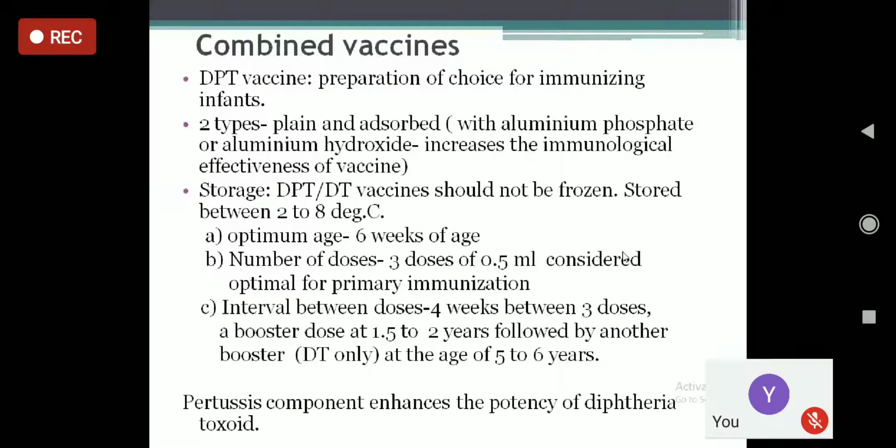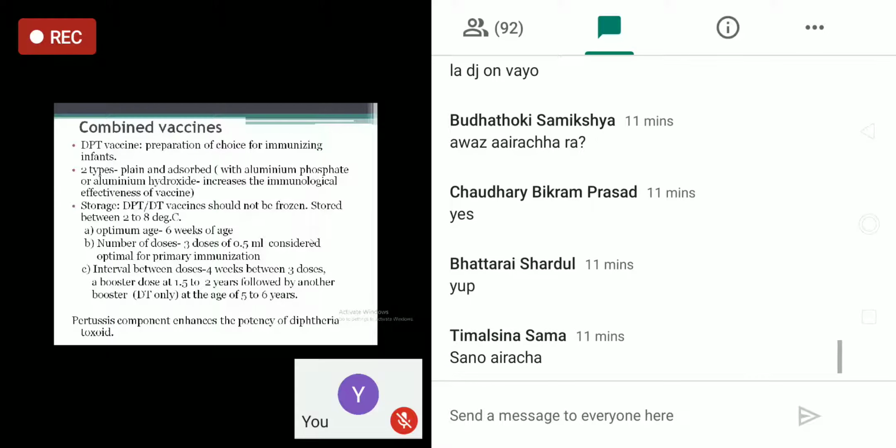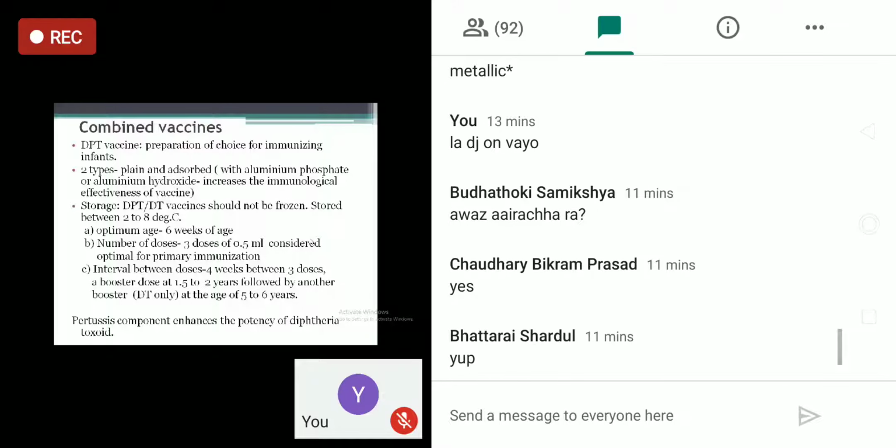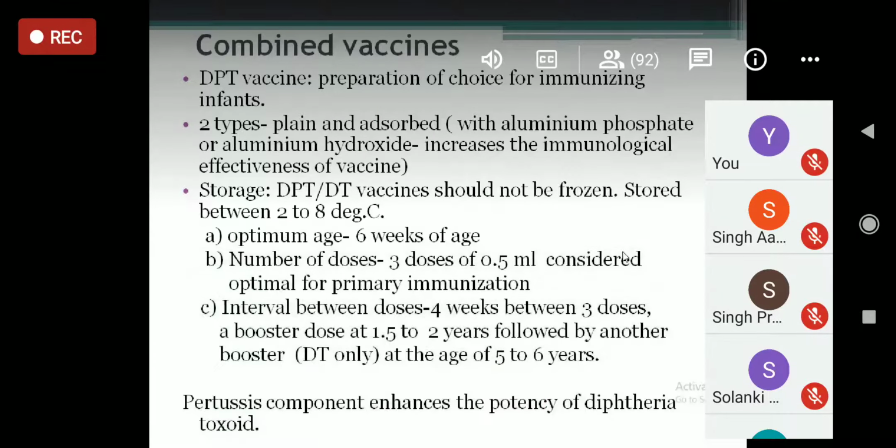Okay, and the interval is 1 month apart. After that, a booster dose is not given in Nepal, but in western countries a booster dose is given at 1.5 to 2 years, and again after 5 years a DT booster dose is given, because after 5 years the pertussis vaccine is not given, so only DT is given.